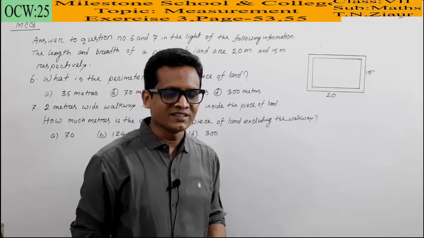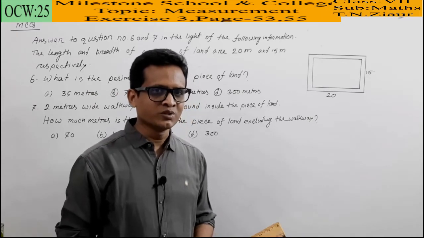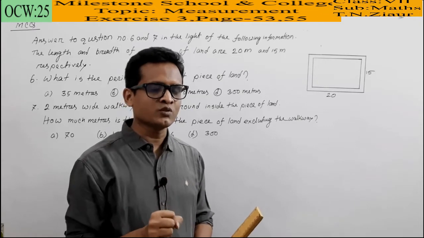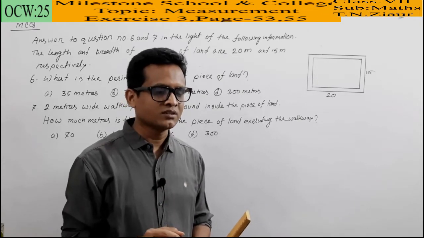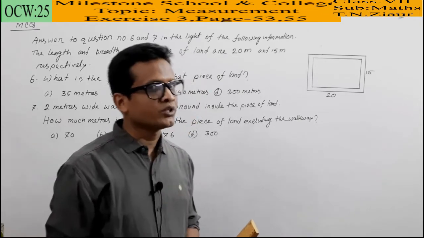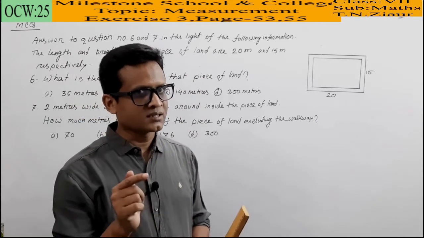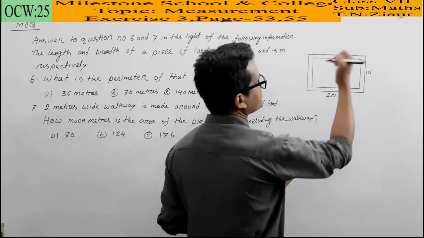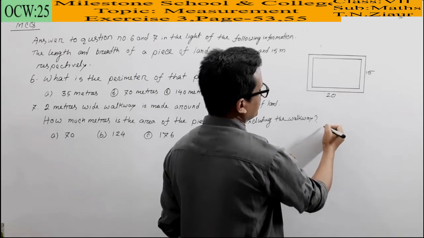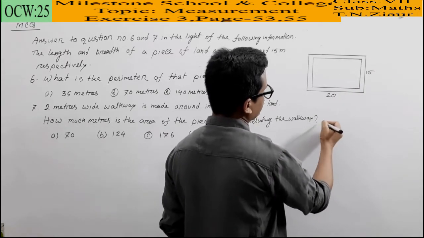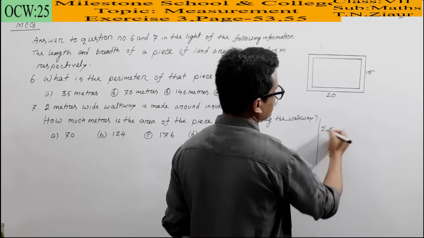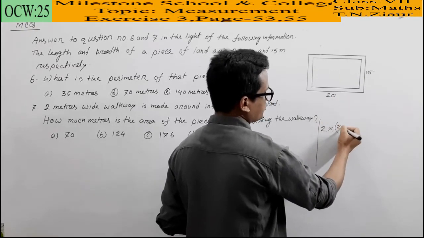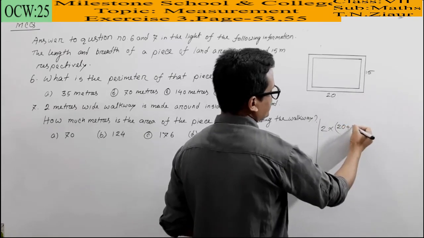It is very easy, because you already know the perimeter formula of a rectangle: 2 into length plus breadth. This one is length, this one is breadth. So 2 into, length is 20, 20 plus 15.